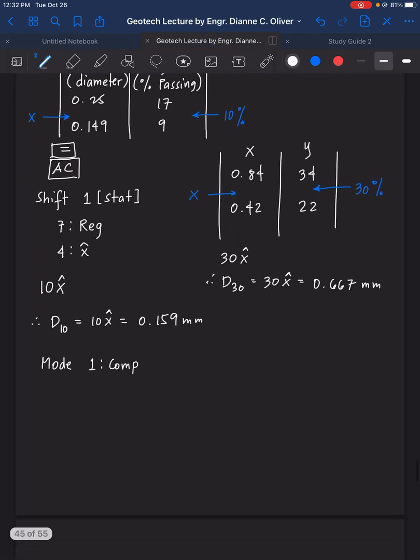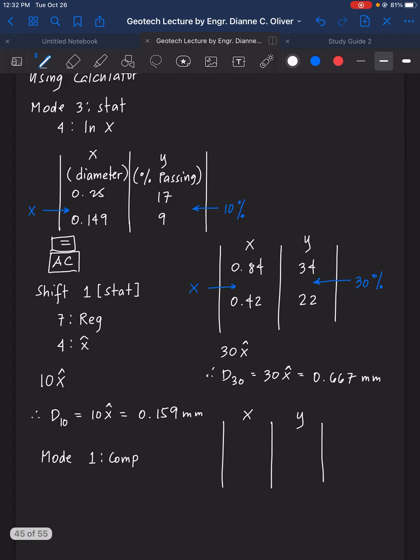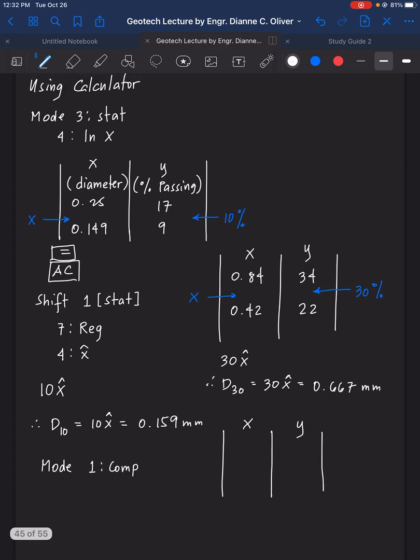Then for D60, again, you will have to click mode 1, and then computer. Then let's repeat the entire process for D60. Again, using the calculator, go to mode 3, stat, then choose 4 ln x.